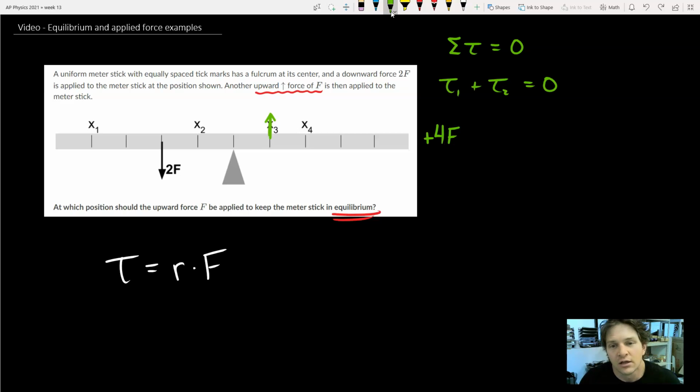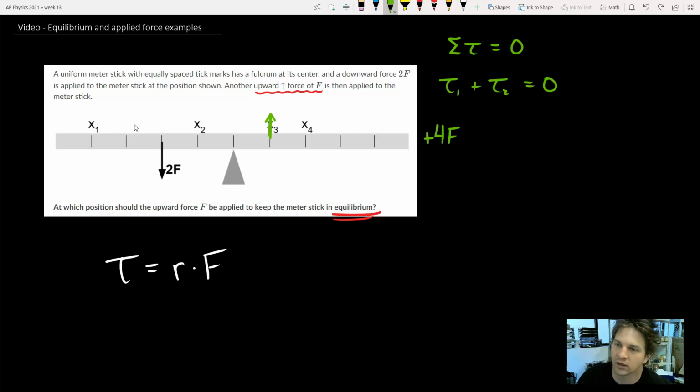So I need something on this left-hand side of the fulcrum, of the pivot point, because an upward force over here is going to be going clockwise, which is going to be counteracting that torque that we have right there. So I only have one force F, right? It's half the force of the original one. So if it's half the force, I need to move it twice as far out.